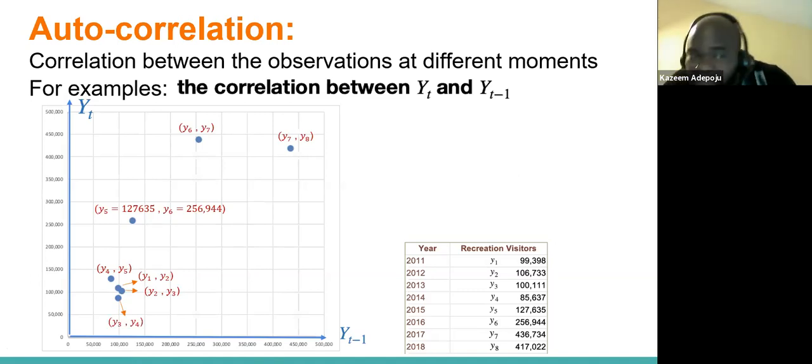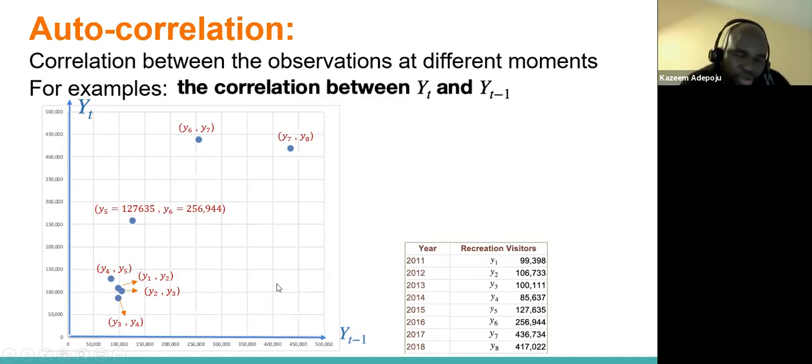So in the plotting of YT against YT minus 1, that will give you an opportunity to plot Y6 against Y7, Y7 against Y8, Y5 against Y6, Y4 against Y5, Y1 against Y2.